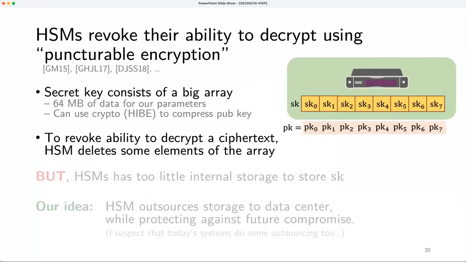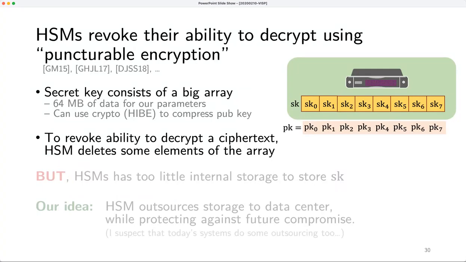There are a number of these puncturable encryption schemes in the literature. At a very, very high level, the secret key that the HSM holds now consists of a big array of secret keys. For us, this ends up being something like 64 megabytes of data. There's a corresponding public key for each of these secret keys, and when the client encrypts, it encrypts to some subset of these public keys.